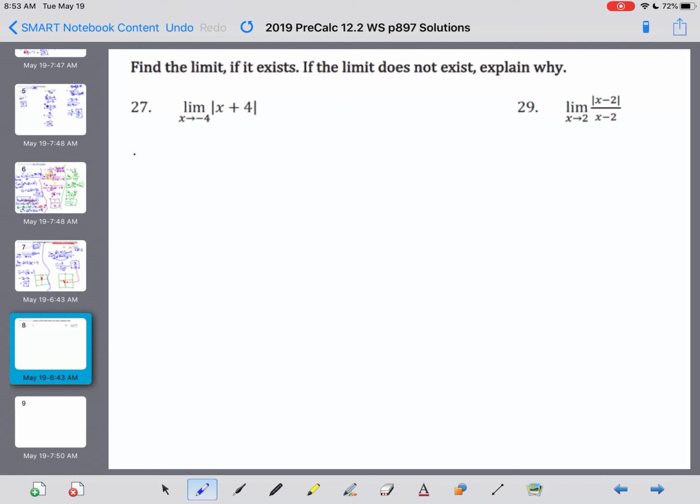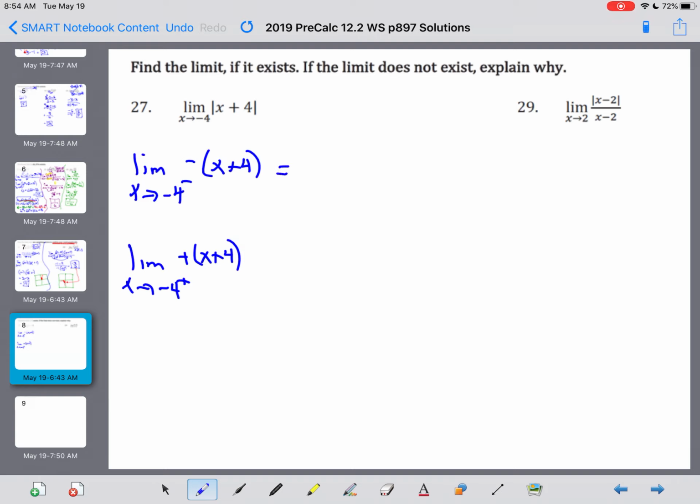I've got to find the limit as x approaches -4 from the left of the negative version of x plus 4. And then I need to check the right-hand side. So that's -4 from the plus of a positive x plus 4.